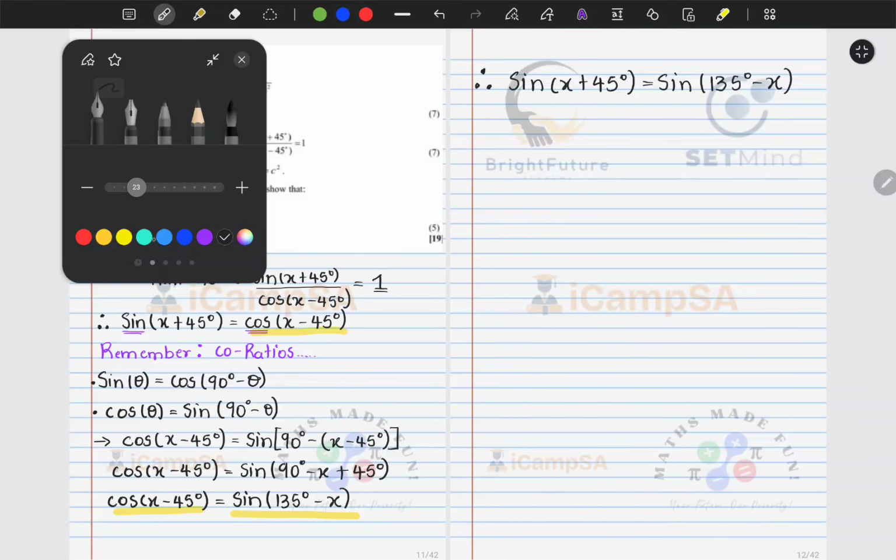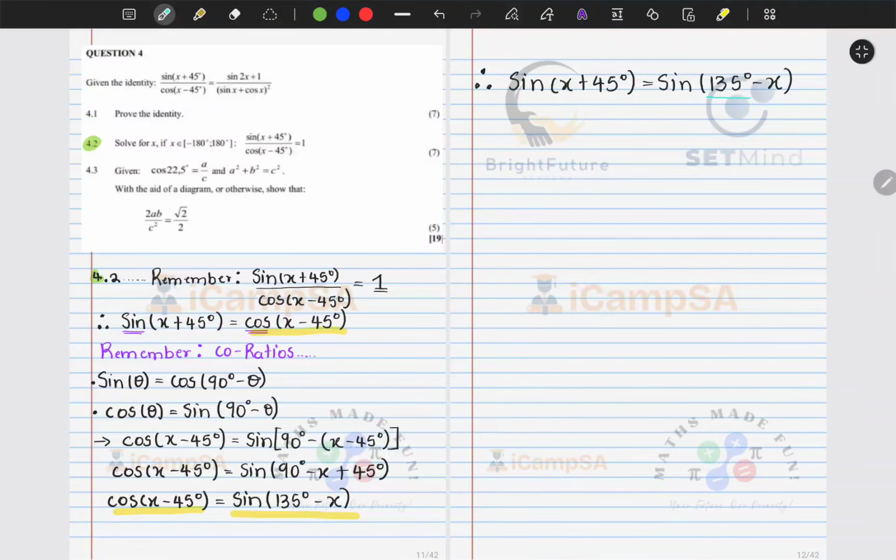So guess what? Whenever we have trig ratios which are the same, we can just equate the angles. Okay. So therefore, you will see that we'll have x plus 45 degrees equaling 135 degrees minus x. So we know that our angles, they always have a plus 360. So we need to do plus k 360. Okay.